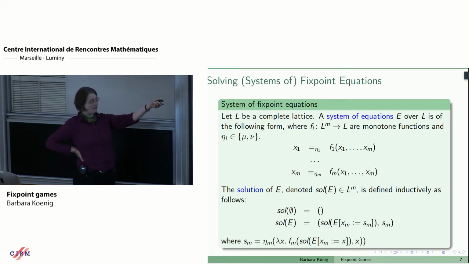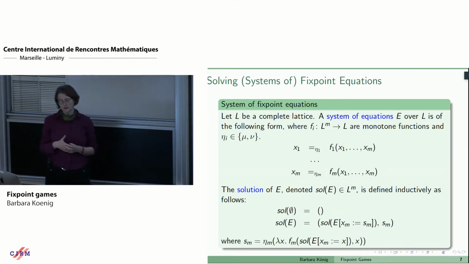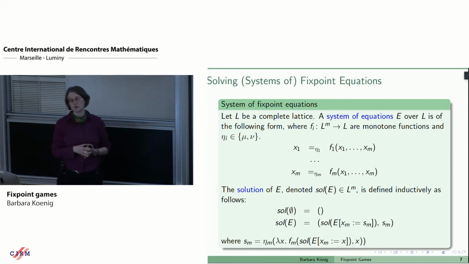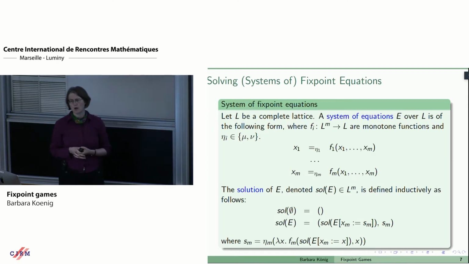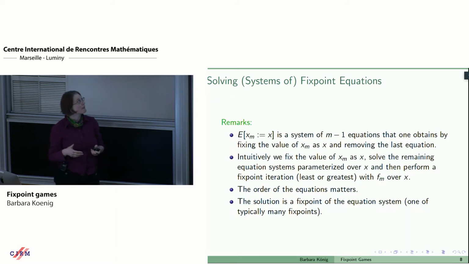To this, you apply fm. And then you take a function in this argument x, and over this function you take either the least or greatest fixed point, depending on what this index tells you, and then this is the solution of the entire fixed point system. If you know the evaluation of nested fixed points from mu calculus, it is basically the same thing.